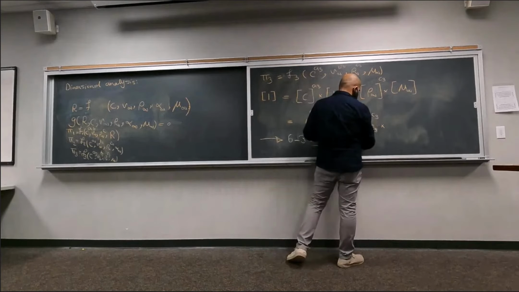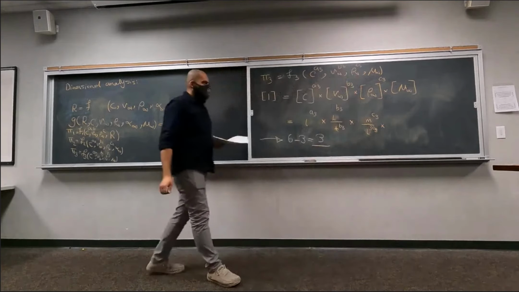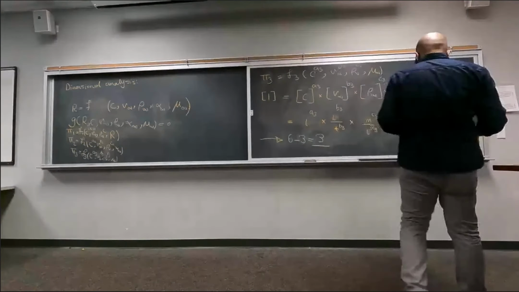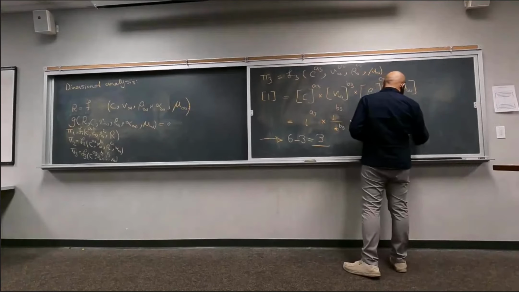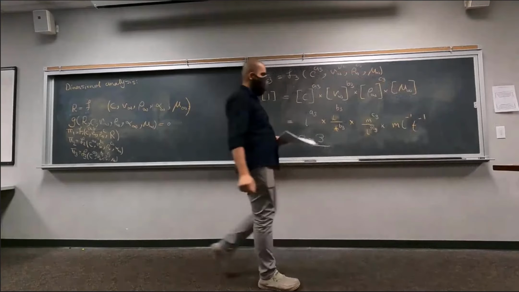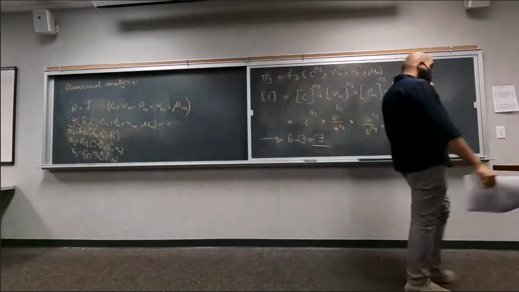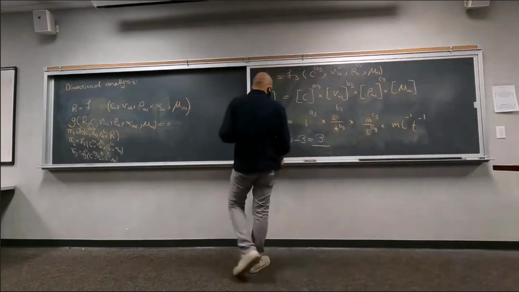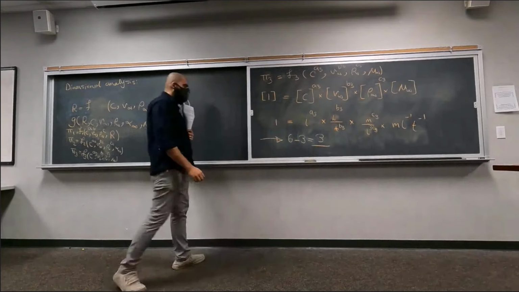Then we have mass over length cubed, right? What is the dimension of viscosity? Does anyone know off the top of their head? That's all right, I don't usually know that either. Is it mass divided by length divided by time? Okay. And all of this has to be equal to 1.